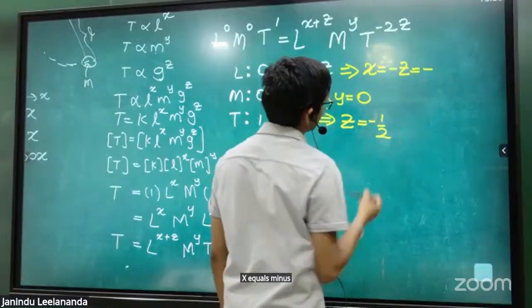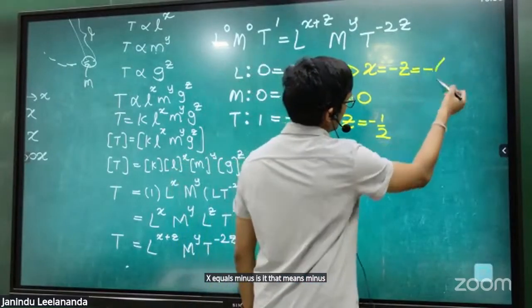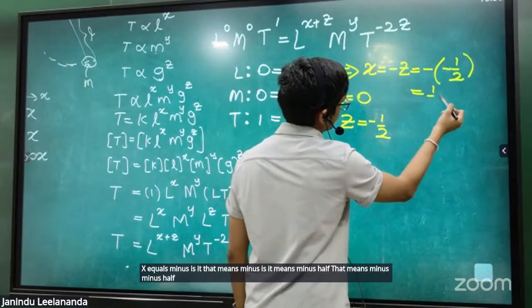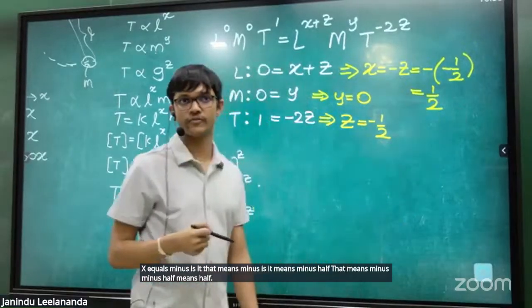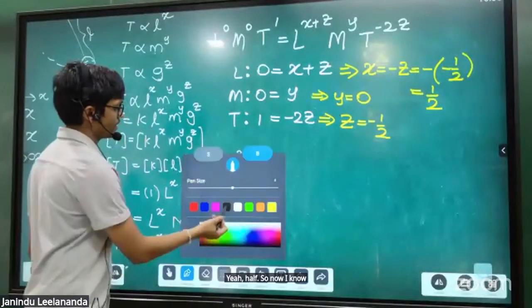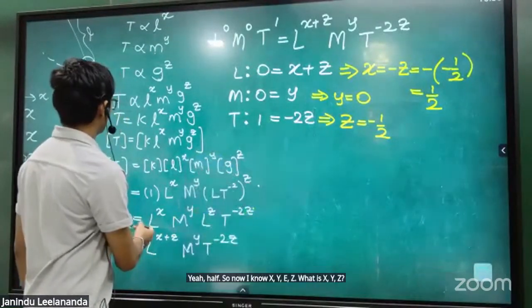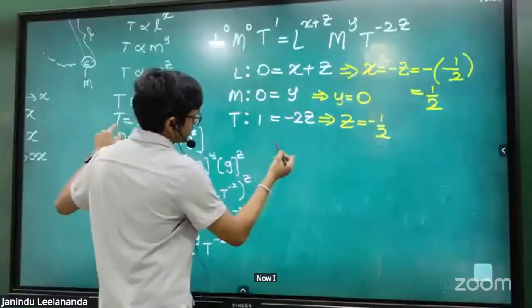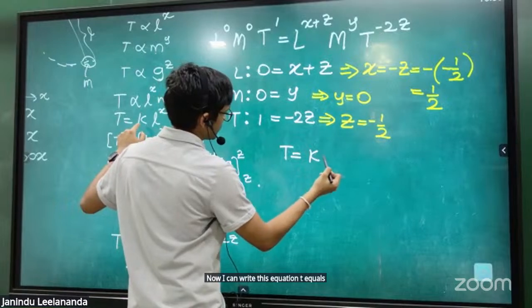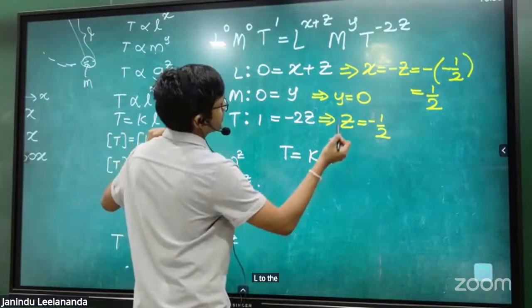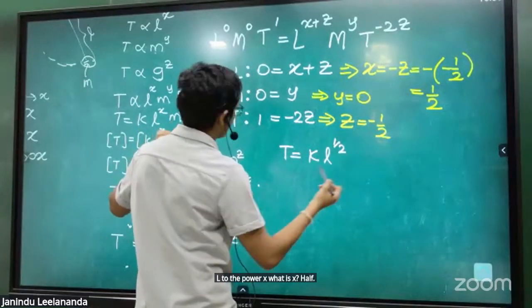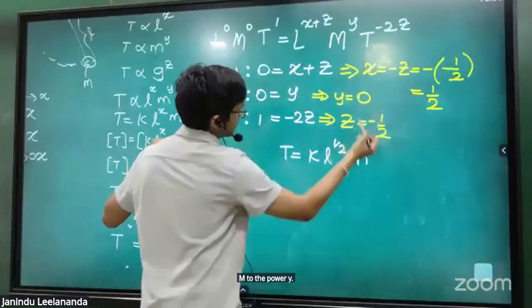That means minus z means minus minus half, which means half. Clear? Half. So now I know x, y, z. Now I can write this equation: T equals k L to the power x, what is x? Half. M to the power y, what is y? 0.